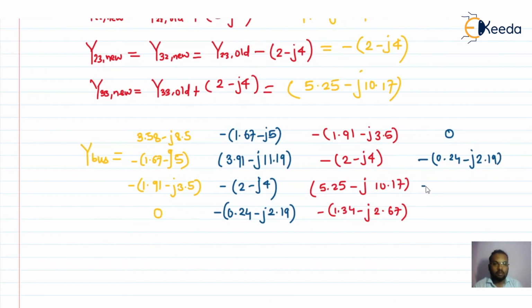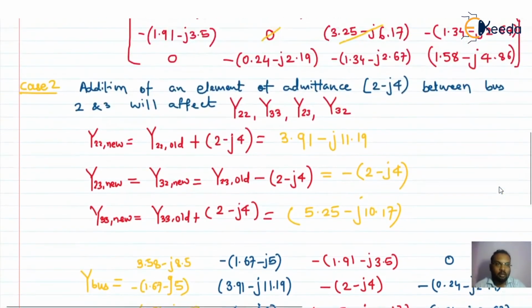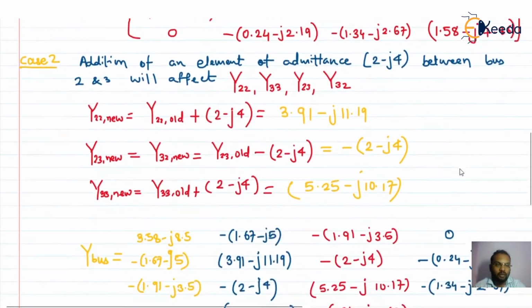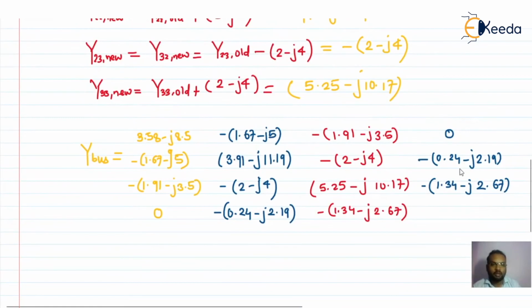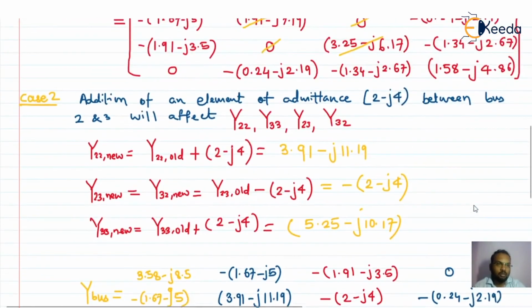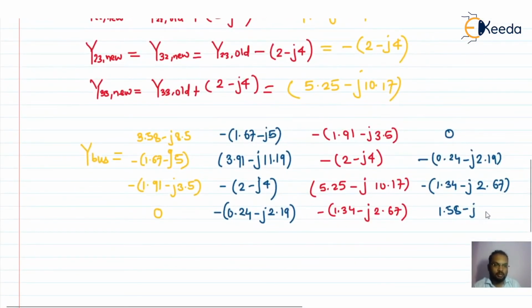Then this term will come: minus of 1.34 minus j2.67. And y44 is 1.58 minus j4.86.